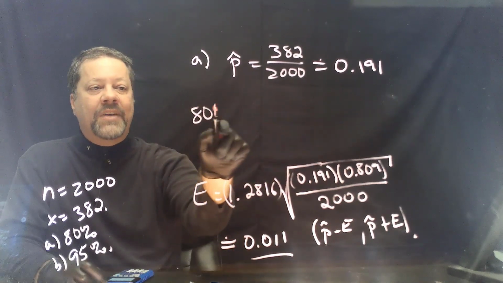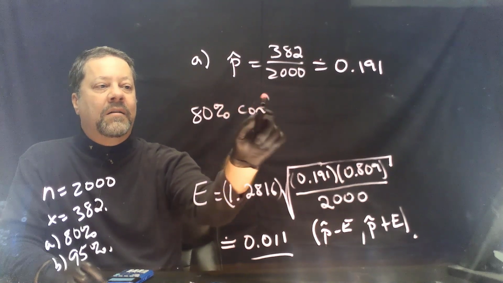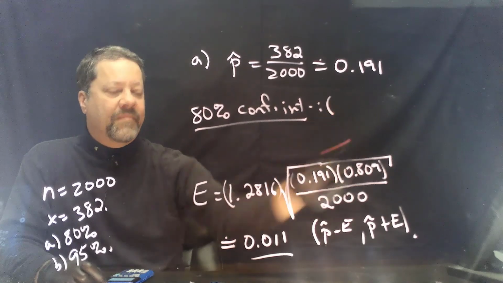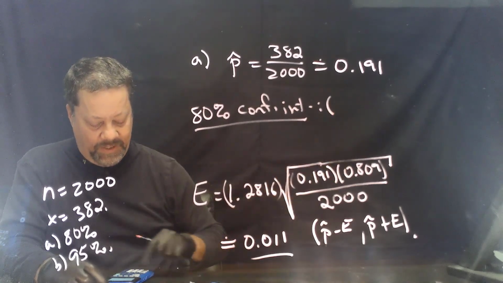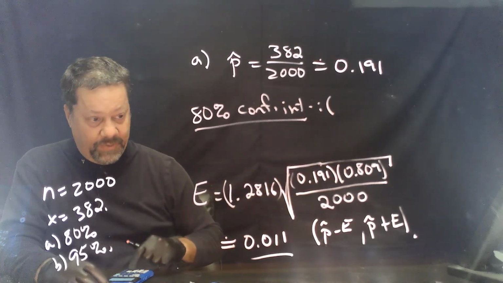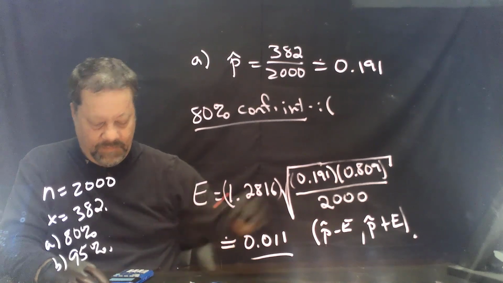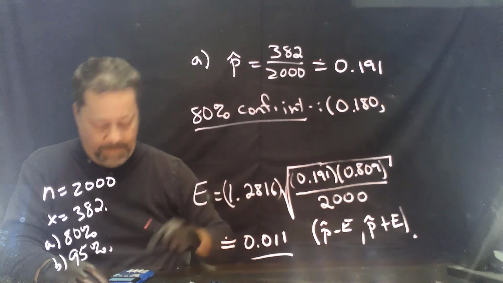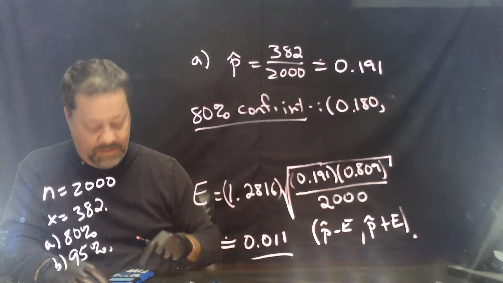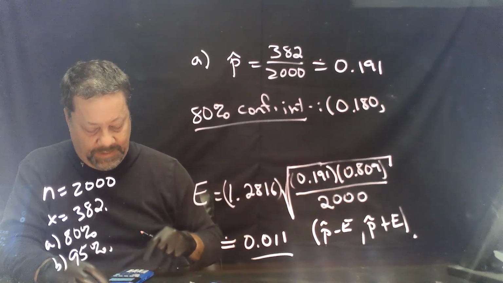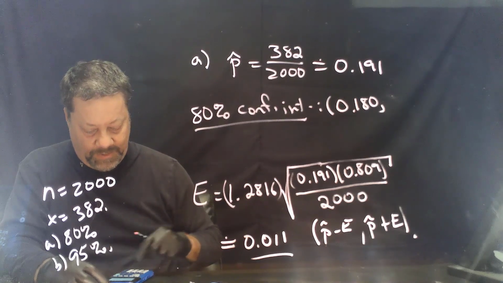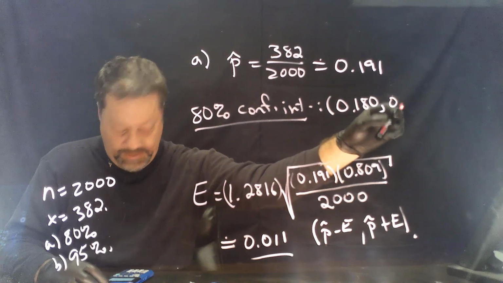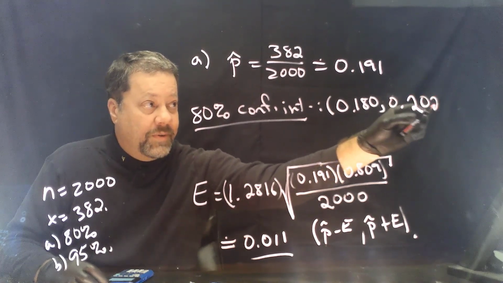So our 80% confidence interval will be 0.191 minus 0.011, 0.180, and 0.191 plus 0.011, 0.202.